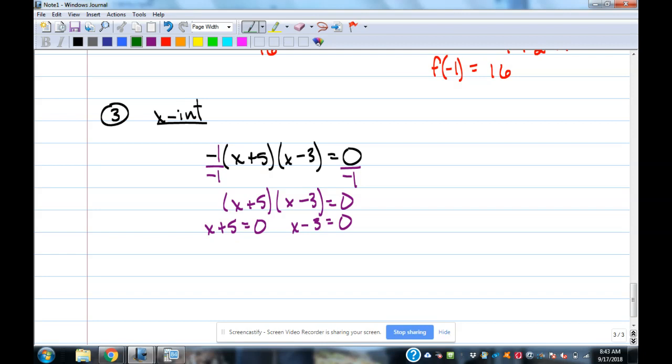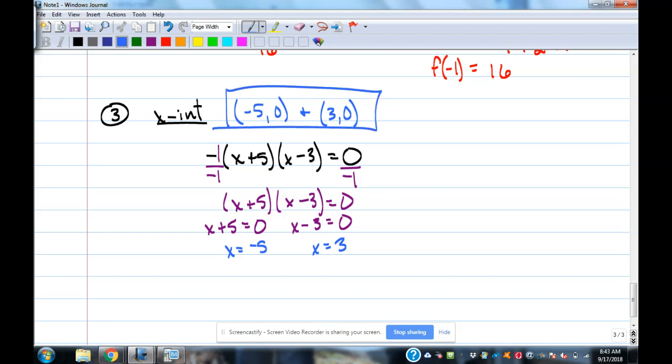All right. Now, when I solve those, I get my x intercepts. This one's got two different ones. It's got x equals -5, x equals +3. We want the ordered pairs for those. -5, 0, and 3, 0. Those are the ordered pairs for the x-intercepts.